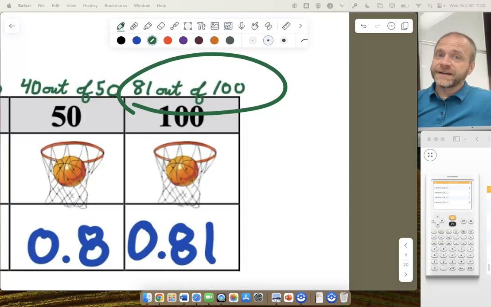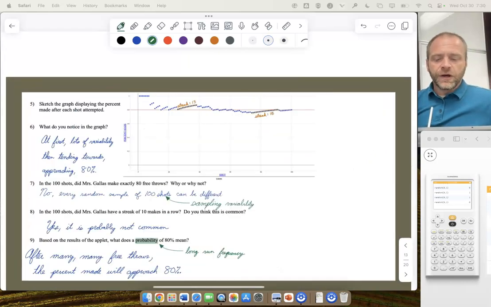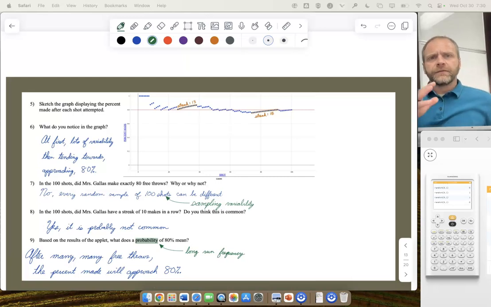She said she was 80%. She was 81%. So in my simulation, she did better than what she said. So no, she didn't make exactly 80. But yours could have been different. I could do the simulation again and she could end up with maybe 76 free throws out of the 100. That's sampling variability.